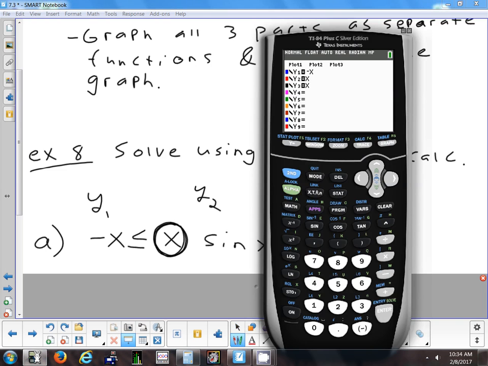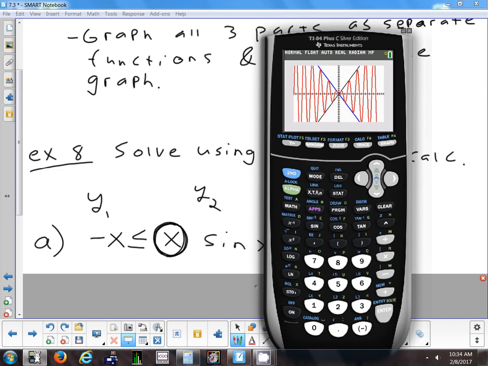So let's see what it looks like. It's a sine function, but the height of it gets higher as you get further away. So now the question is, where is the graph in red above the blue and below the black?